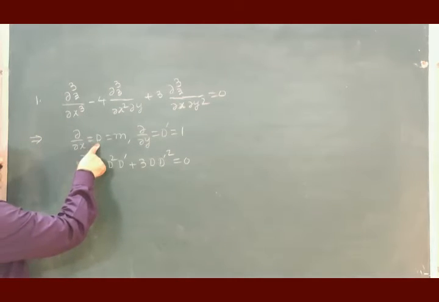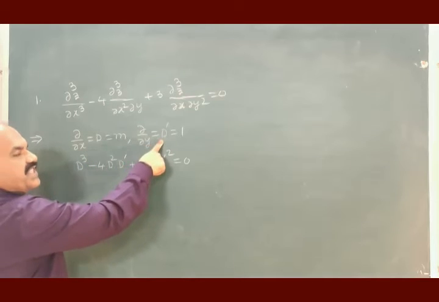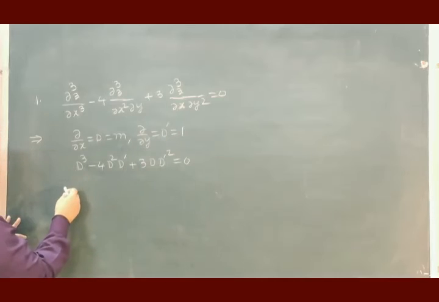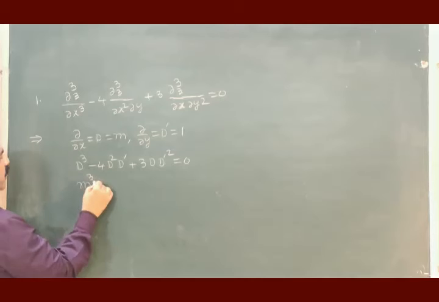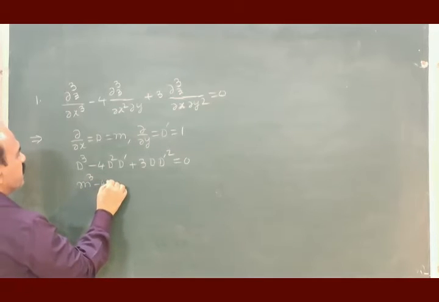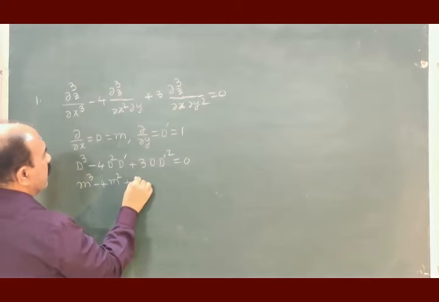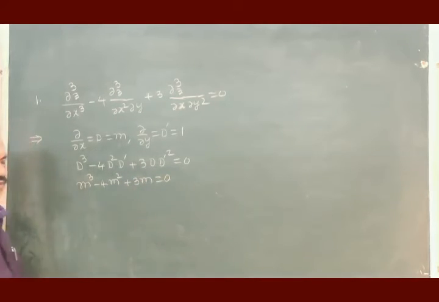But D is to be substituted as m and D dash as 1. So it will be m cube minus 4 m square plus 3 m is equal to 0.